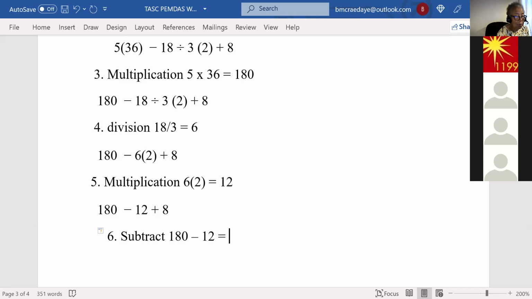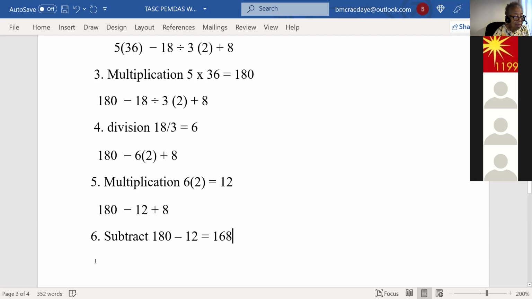180 minus 12. 170? No. 180 minus 10 is 170. And then minus 2 is what? 168. Okay.